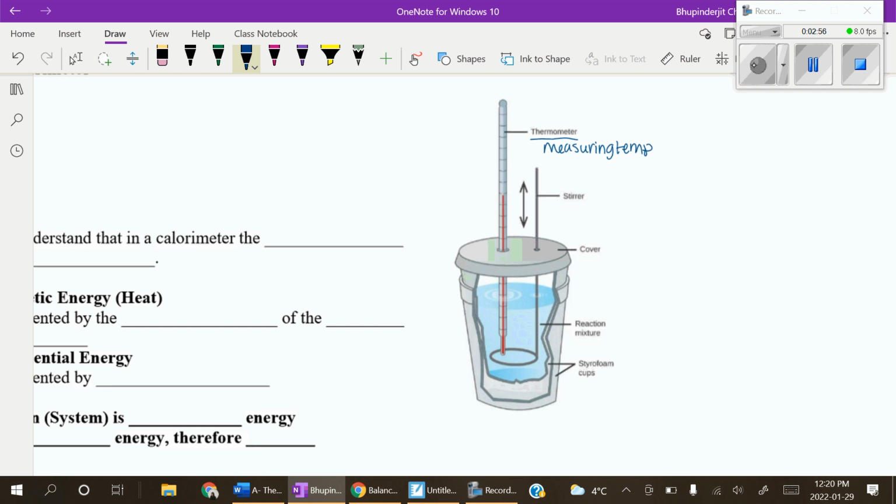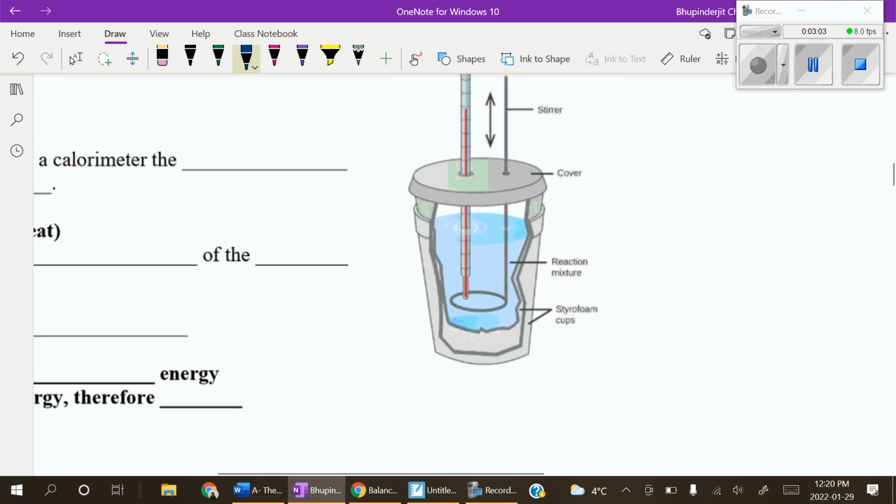The cover is important because we need to keep it as an isolated system. Now inside, we're going to be looking at the water temperature. So usually the reactions are done in solution. So this here will be considered our reaction, whereas the outside would be considered our environment.